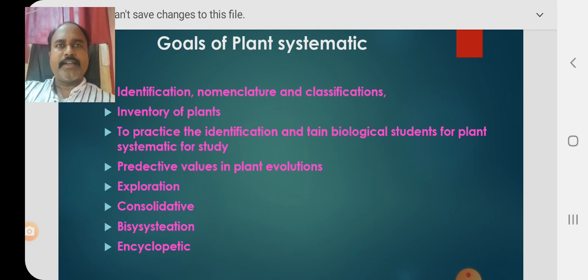We can compare our plant individuals with those and identify them.